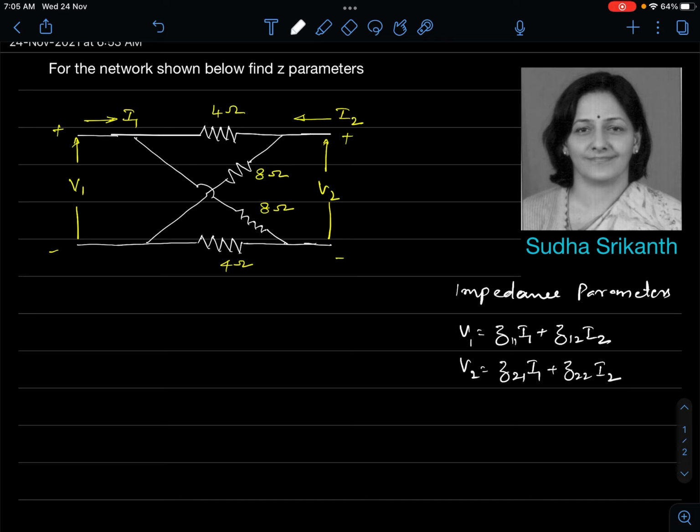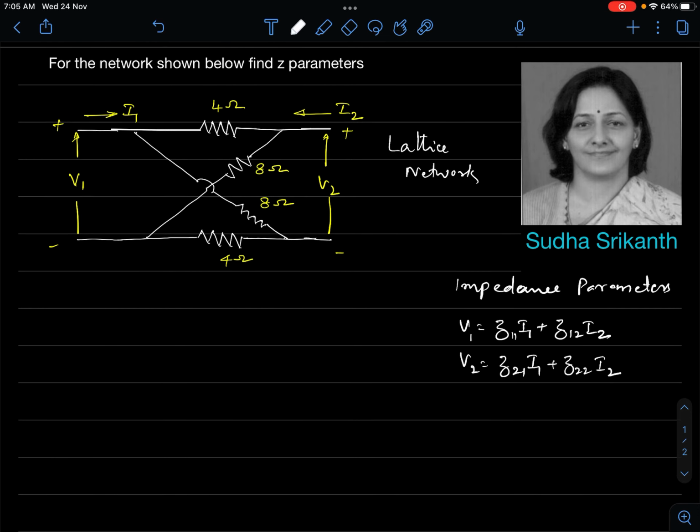This network is a typical structure, and this structure is what we call a lattice network. Though in the problem it is not written as a lattice network, you have to identify it. It's preferable if you can identify it as a lattice network. Let us try to rewrite this network in such a manner that it is easy for us to understand.